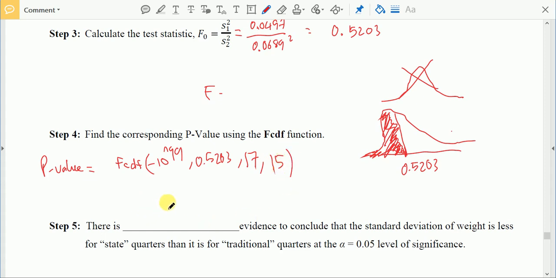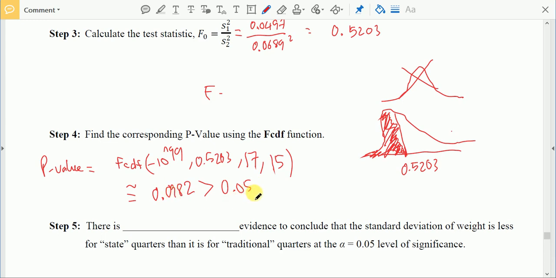If you plug this command into the TI-83/84, you should get a p-value around 0.0982.